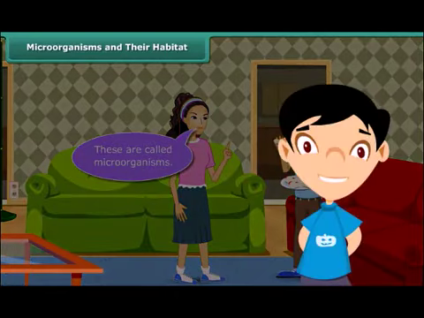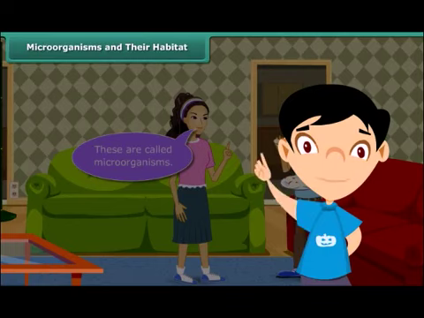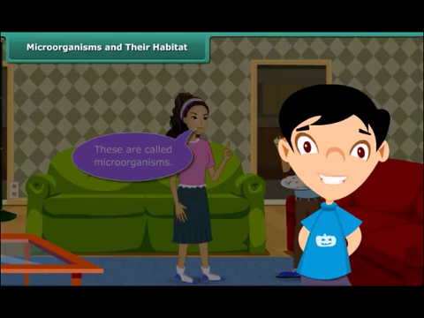Friends, you will be surprised to know that a microorganism can help us in making our food and the same can make us ill too. So, before getting more information about them in detail, let us first know about such microorganisms and their habitat.